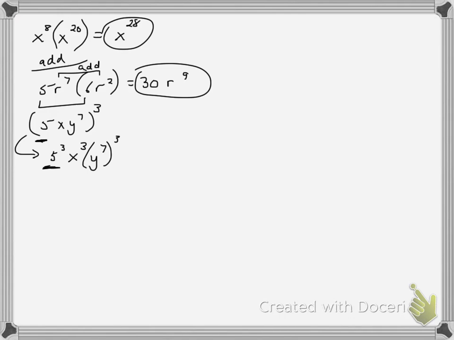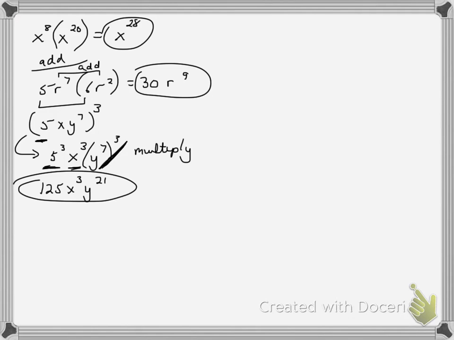So you have to deal with that 5 and cube it. 5 times 5 is 25 times 5 is 125. I can't simplify x cubed here, so that'll just go down, but I can simplify that by multiplying, remember? So go back to your rules if you don't. And this becomes y to the 21st. Next idea.